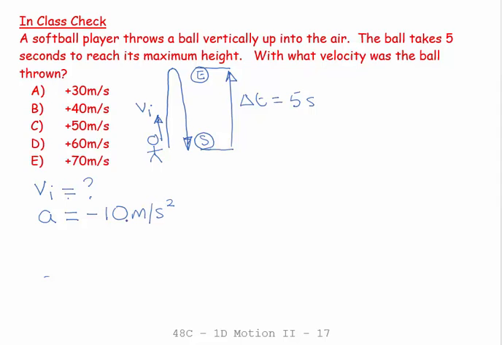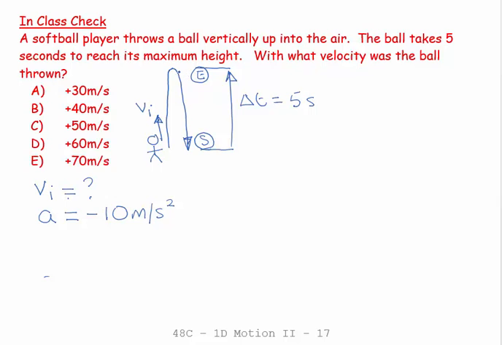Now, more precisely, it would be minus 9.8. I use minus 10 because it makes the math just a bit simpler. It's negative because that acceleration is pointing downwards, and the acceleration is pointing downwards because the force of gravity is pointing downwards.